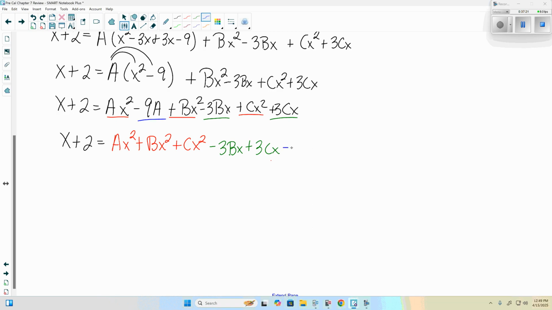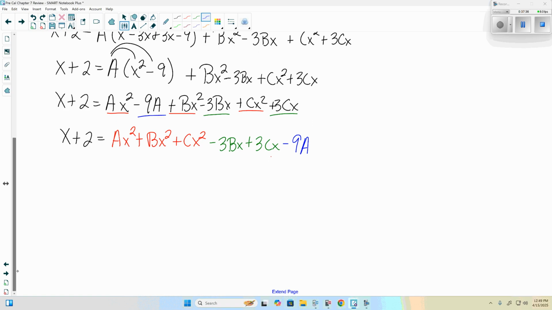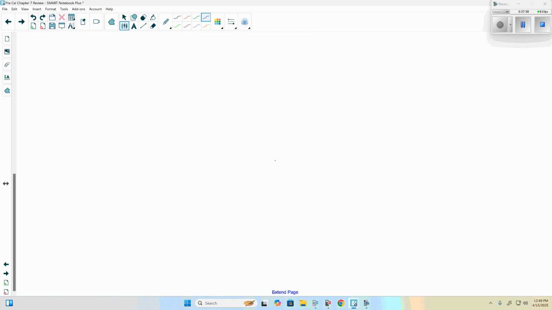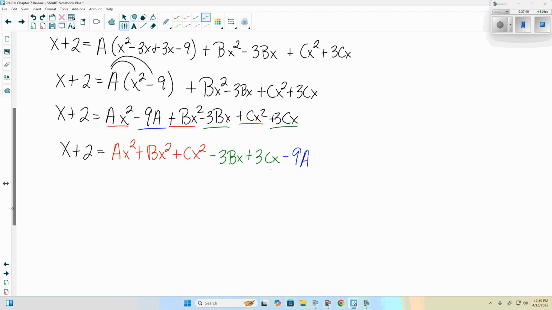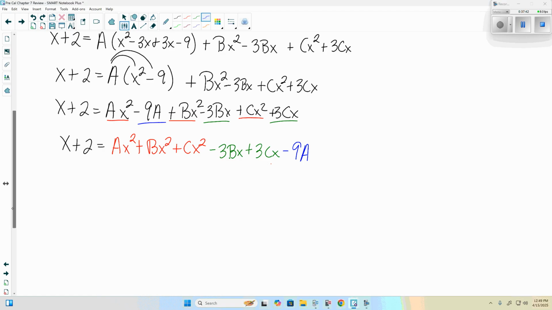And lastly, we have our terms without a variable, which is minus 9a. Questions on how we got to this point here?